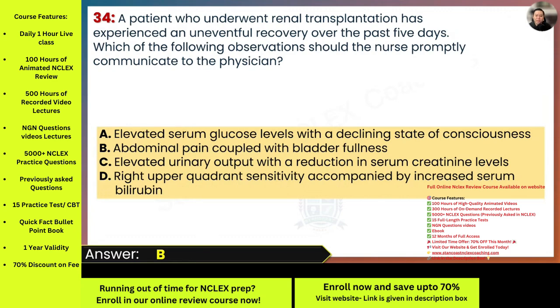And while we know that it is important to manage the blood glucose in renal transplant patients, this symptom doesn't point directly to a renal transplant complication.